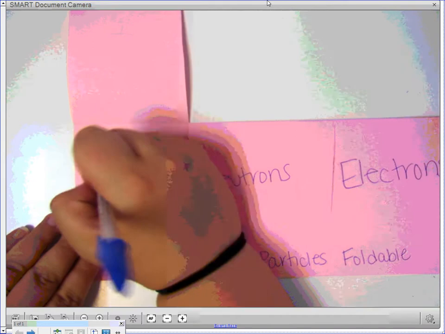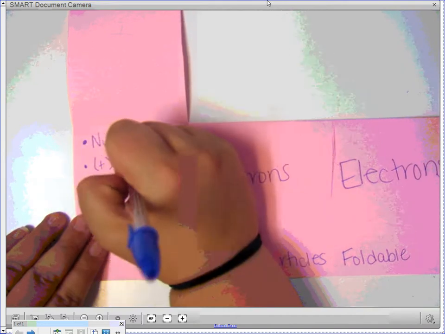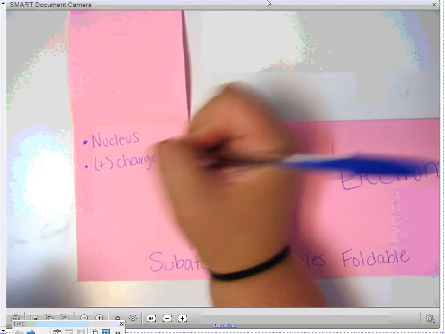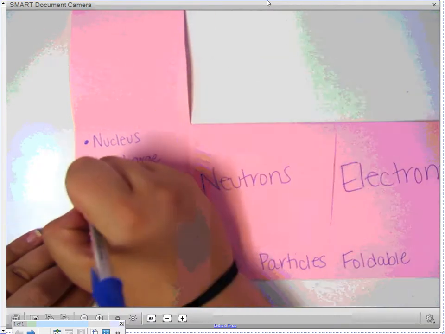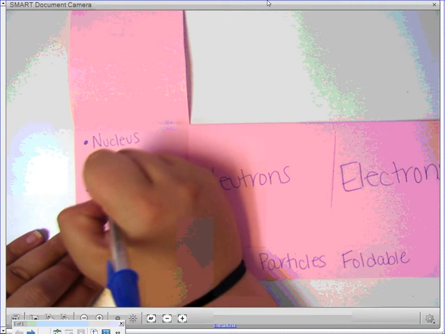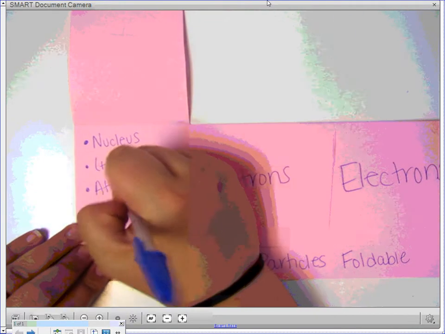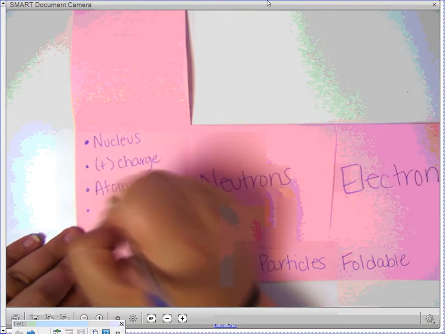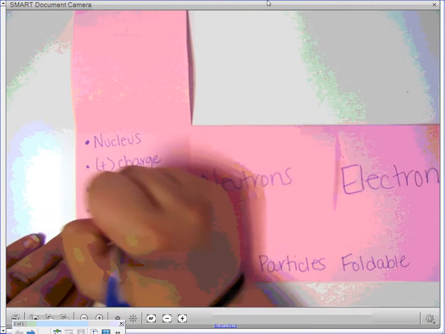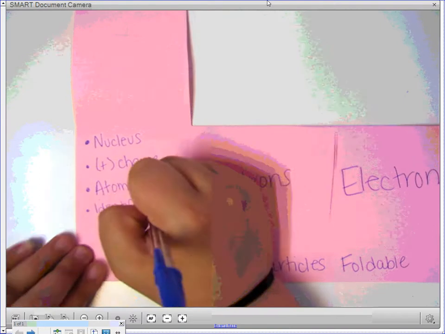They have a positive charge. It is related to the atomic number. And protons identify the element.